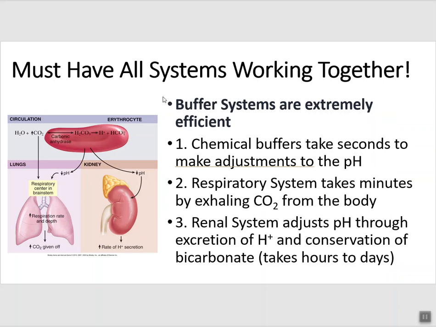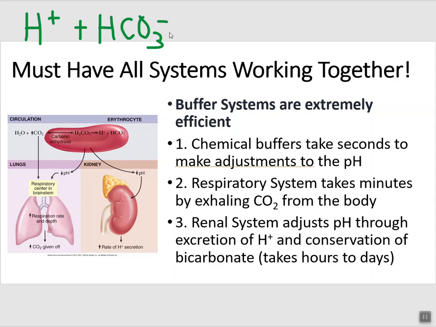Okay. Buffer systems. I already showed you, so if I have too many hydrogen ions here, which means I'm acidic, then I already have a certain amount of bicarbonate. I think it's like, I'm trying to remember, it's like 23 milliequivalents.